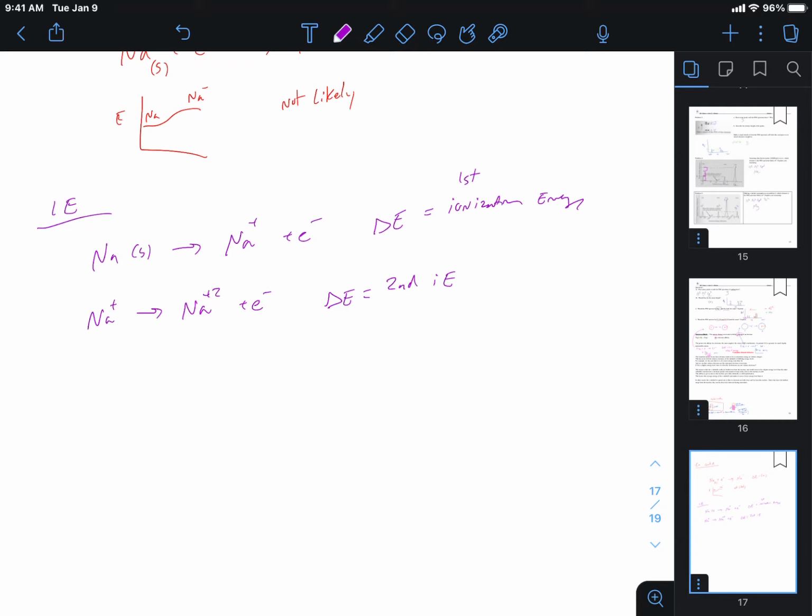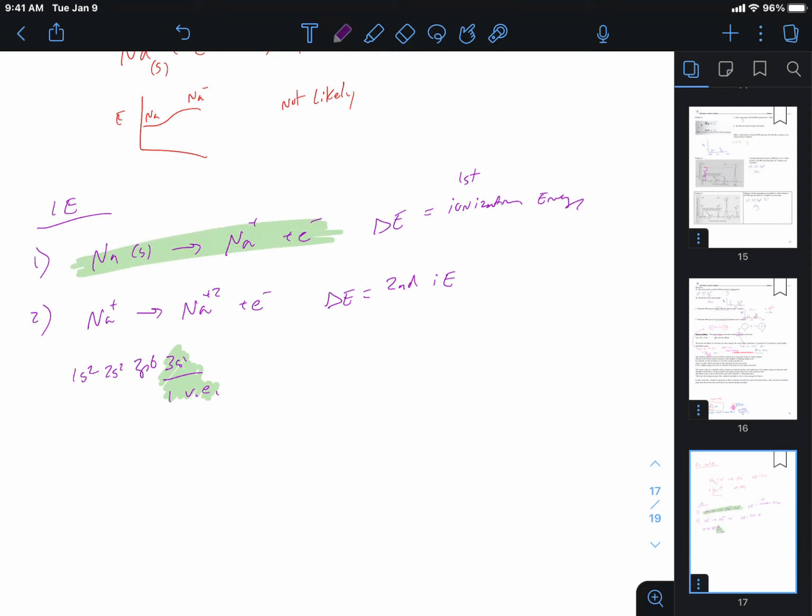So, is the first reaction likely? Yes, the first one is likely. The second one is not. What is the reason why the second one is not likely to happen? Correct. Sodium is 1s2, 2s2, 2p6, 3s1. Sodium only has one valence electron. So this electron being removed represents this process.